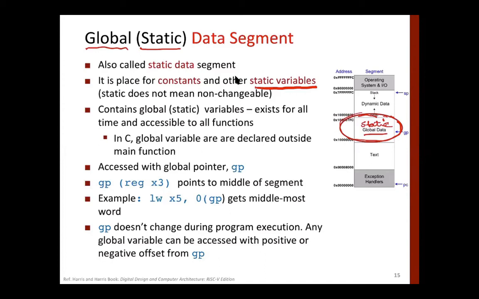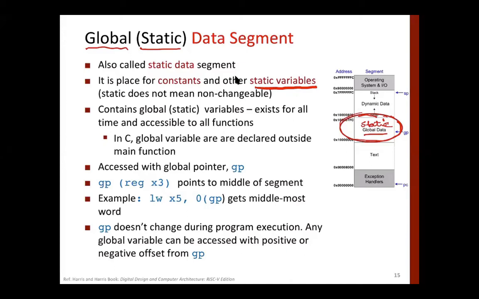Okay, when we define a global variable or static variable in C, it can be accessed from main or any function, and from anywhere the value can change. Okay, it's not constant, right? So the word static is used here to represent that its lifetime is until the main program executes, and its visibility is from everywhere.